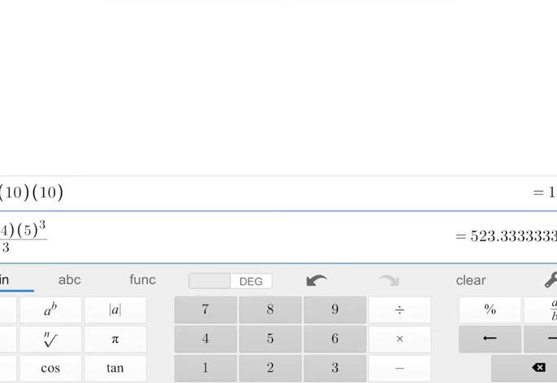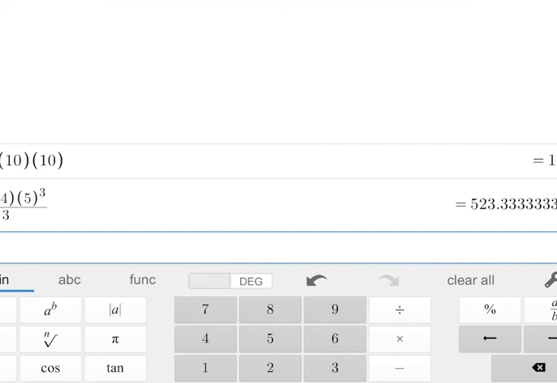Now, if you look at the answer there, the equals button is the blue button in the bottom. So there it is. That's what the value of that is. It's 4 pi times 5 cubed divided by 3. And that's how you use the Desmos calculator.